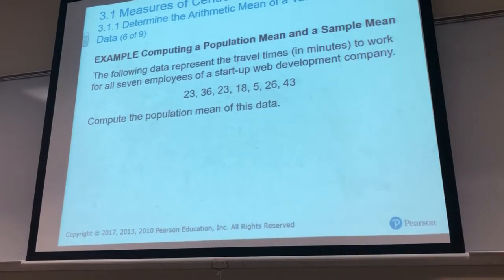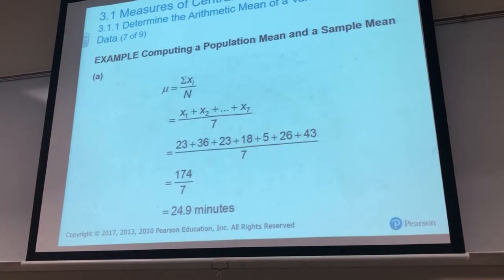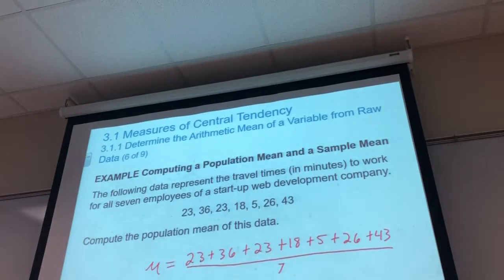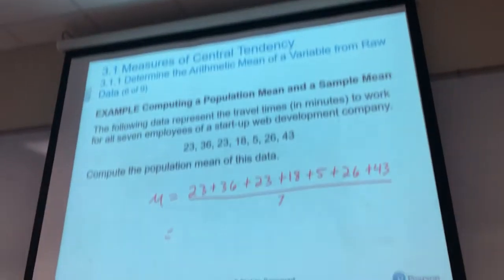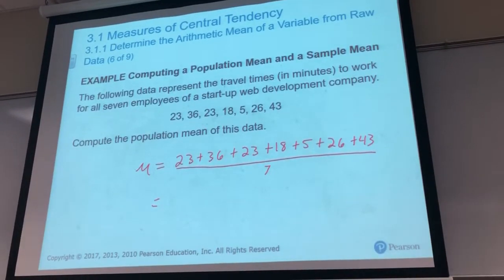So in order to figure out what mu is, we're just going to add up 23, 36, 23, 18, 5, 26, 43. We've got 7 of them all together. If you put that into your calculator, be sure you put parentheses around the numerator, otherwise you're going to get something completely weird that doesn't make any sense.